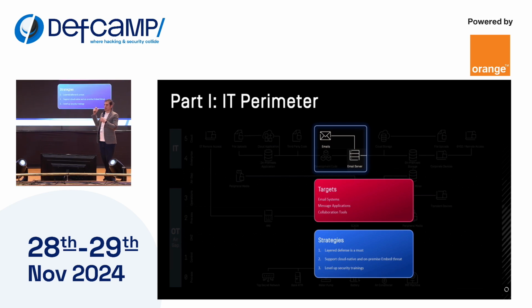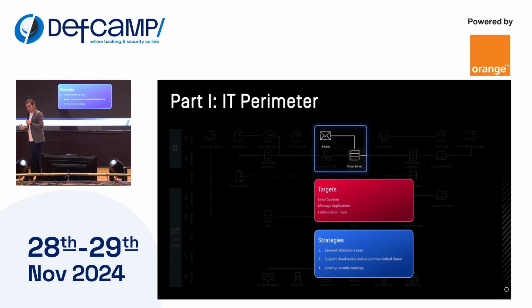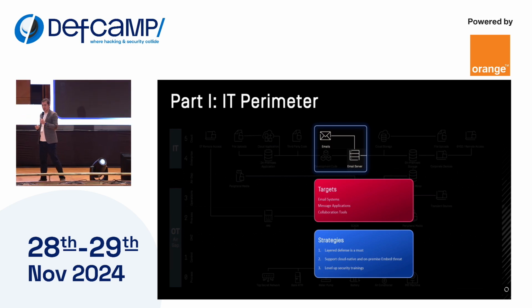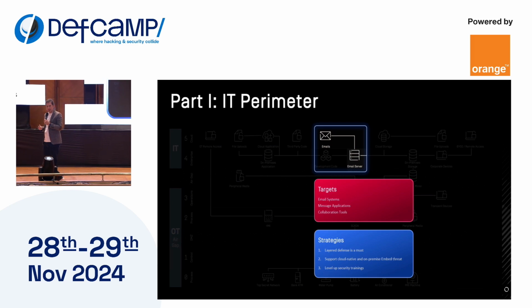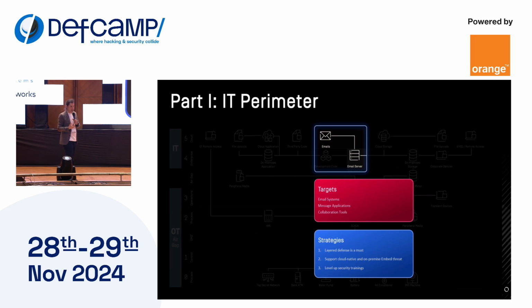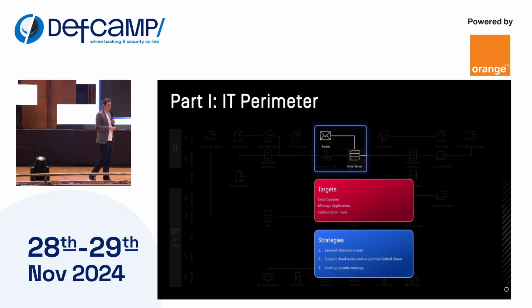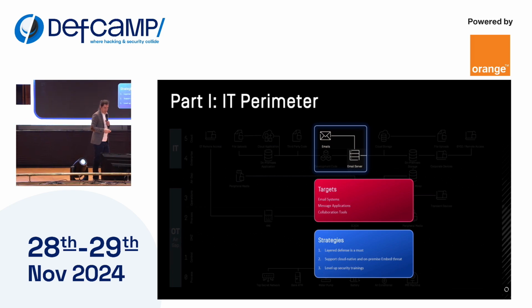Emails, right? For years, it's been the most important threat vector for those networks. And that's because everyone uses emails, and social engineering can trick users into clicking URLs or opening attachments, and it still is the most common way of delivering payloads into an organization.